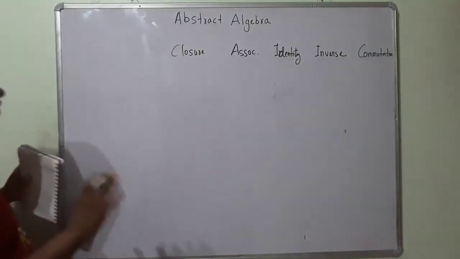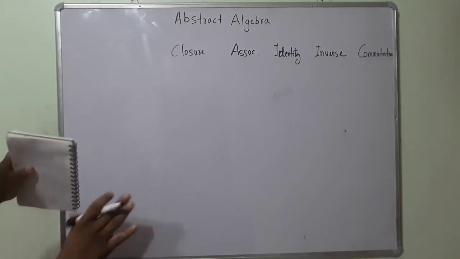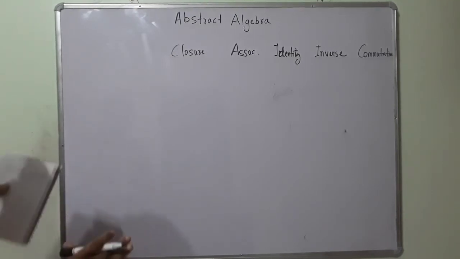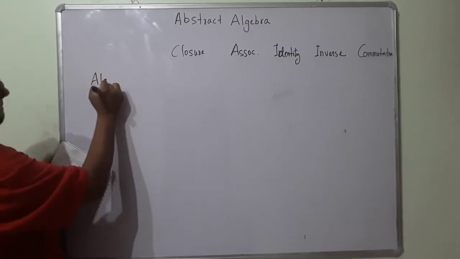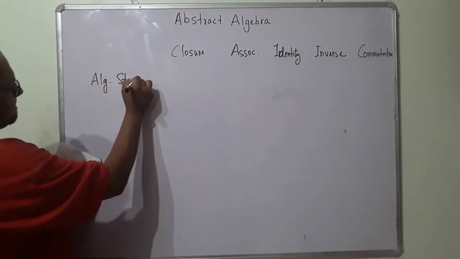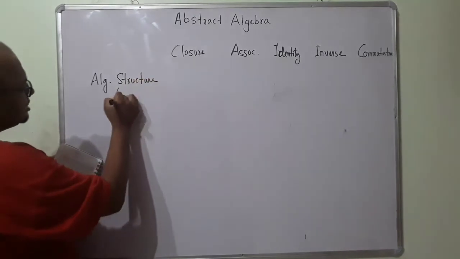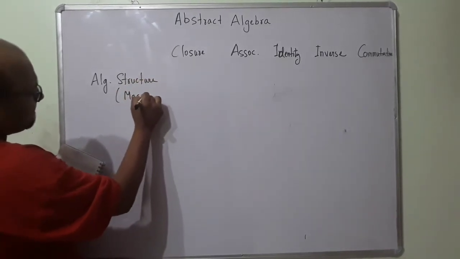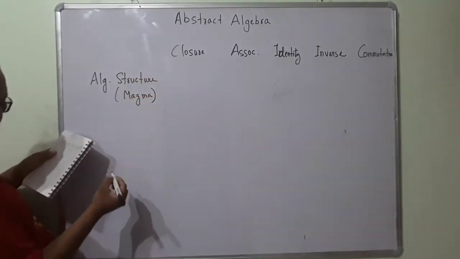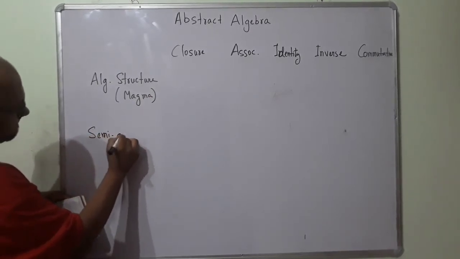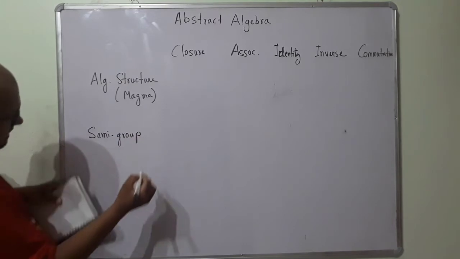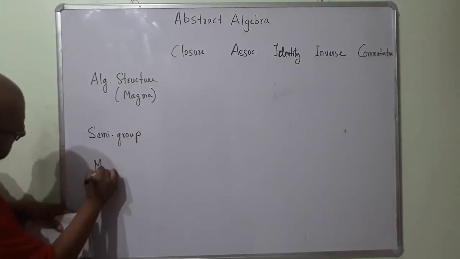And there are different structures that have these names. The first is algebraic structure, which is also called magma. Then there is semigroup. Then monoid.